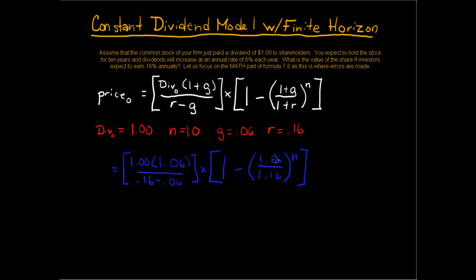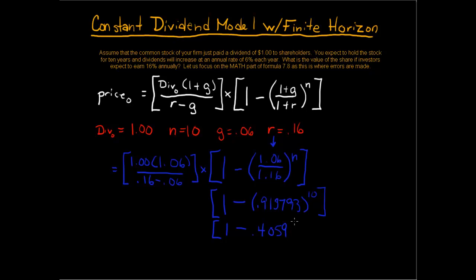In the math here, we need to start with this component first, and calculate what that's going to be. If you take 1.06 divided by 1.16, you get 0.913793 that we raised to the 10th power, which means we have 1 minus 0.4059.